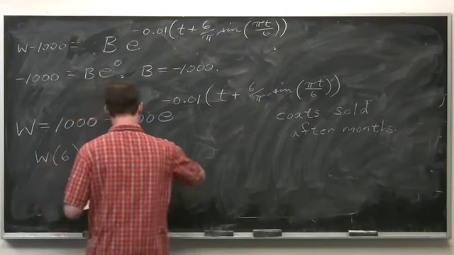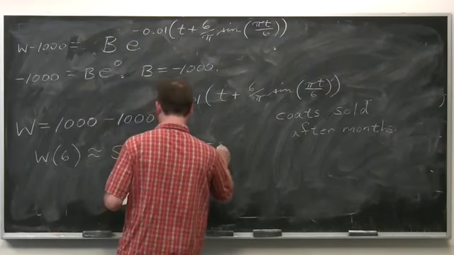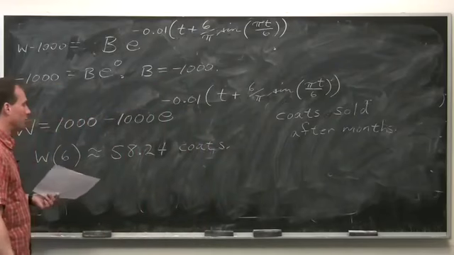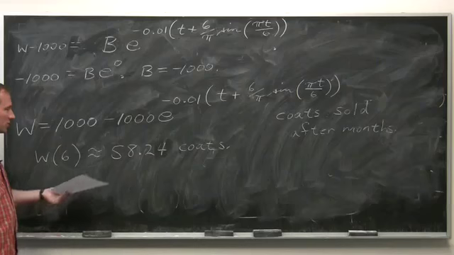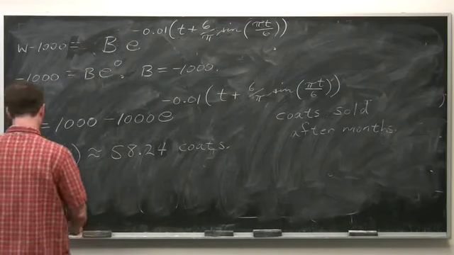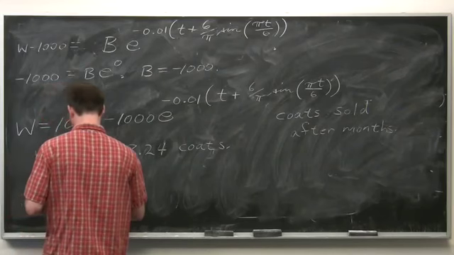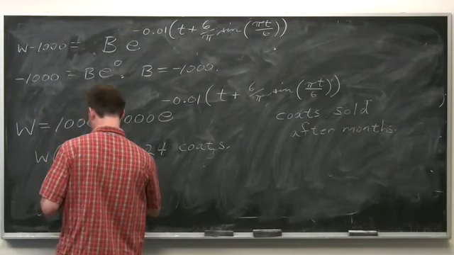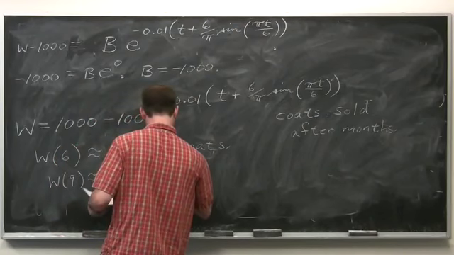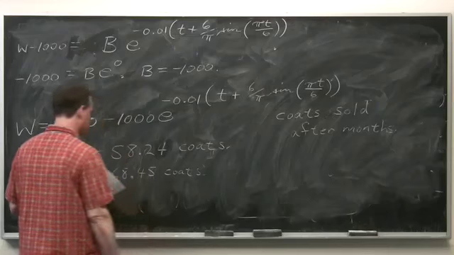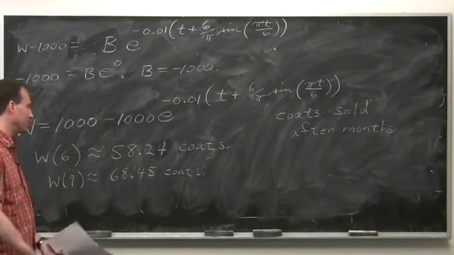So this is approximately 58.24 coats. You don't want to sell fractions of a coat, but if you're using this as an estimate, at 6 months you would estimate you would sell 58 coats. At 9 months, you get approximately 68.45 coats. So as an approximation, you could say 68 coats, or even though this is below 0.5, 68 or 69 coats.